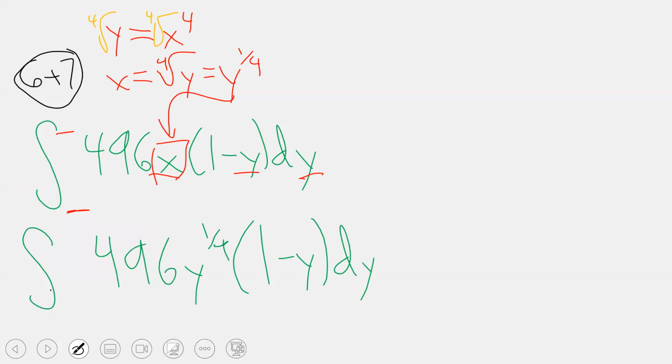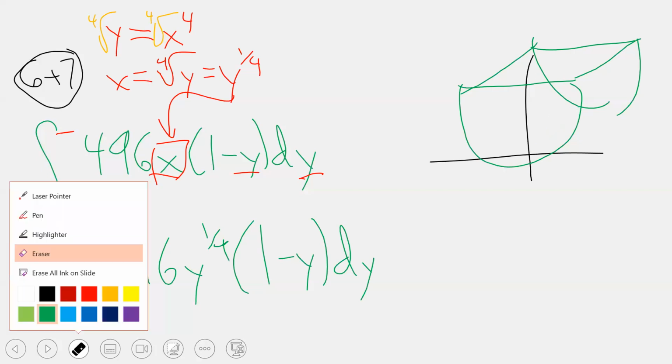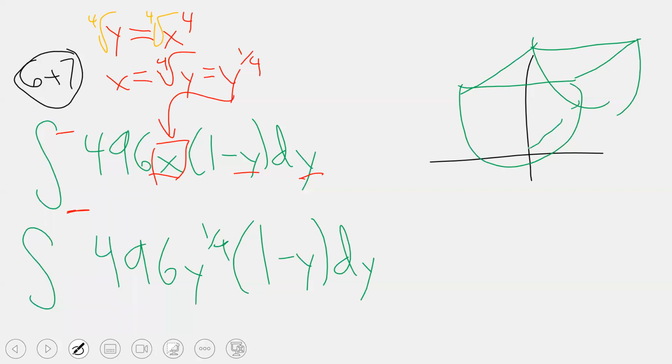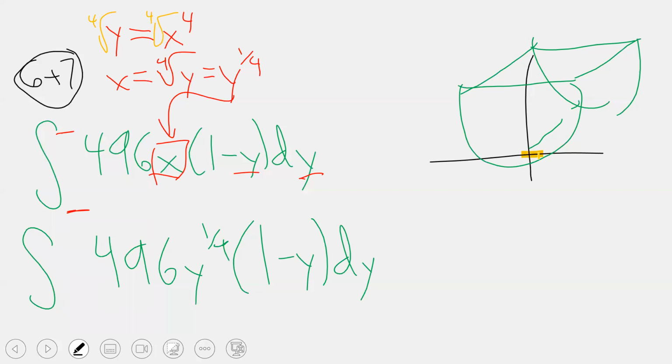And if we again go back to our picture here, remember that our trough looks something like this. Remember we're integrating with respect to y, so we want to think about what are the y values we're covering. Well, all our layers are going from down here, the lowest possible it could be, to up here, which is the highest possible it could be.